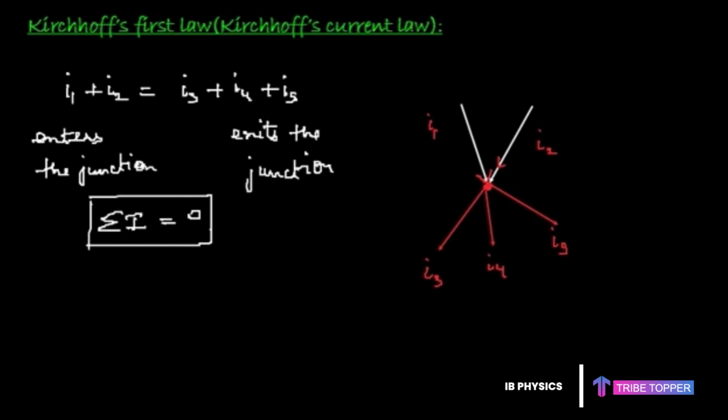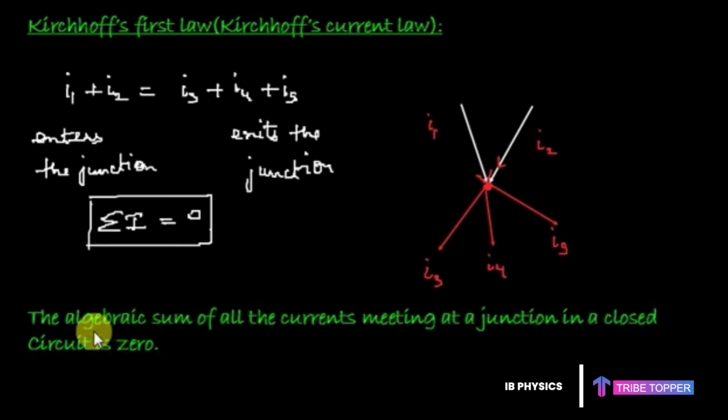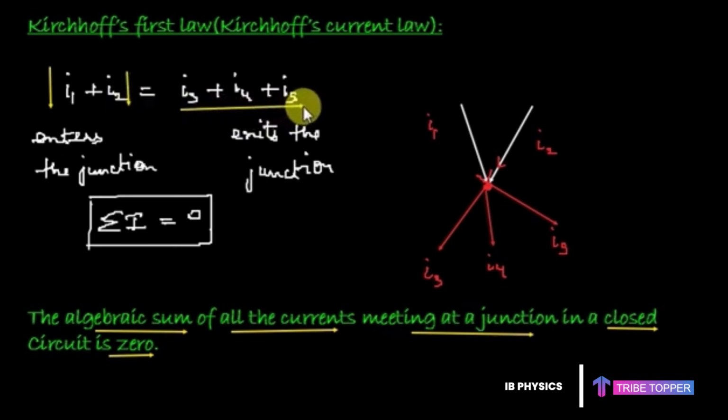When we say the summation I is 0, we are saying that whatever amount of current enters the circuit, the same amount of current would leave the circuit. There can't be more current entering or exiting than the other. So I1 plus I2 is equal to I3 plus I4 plus I5.